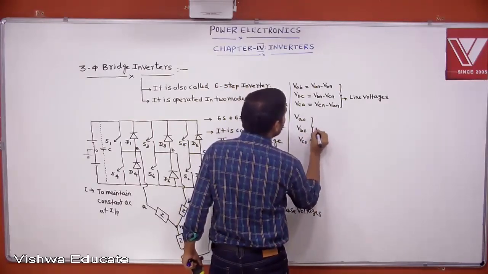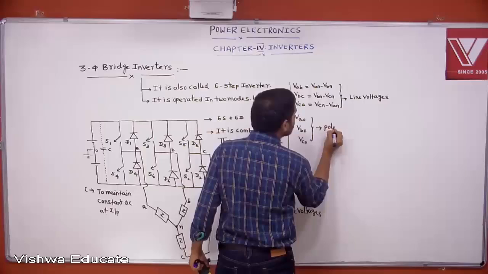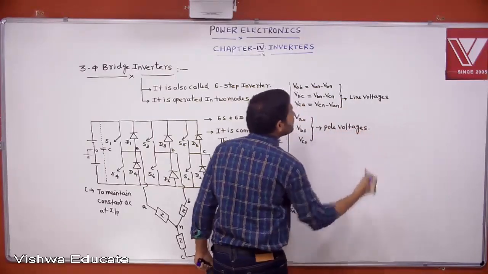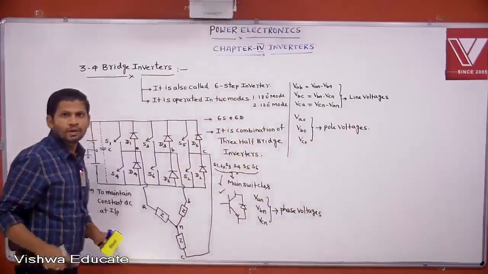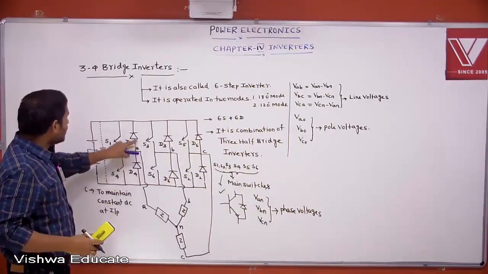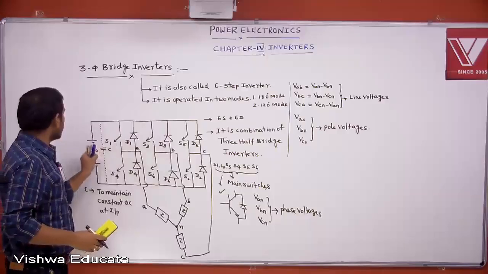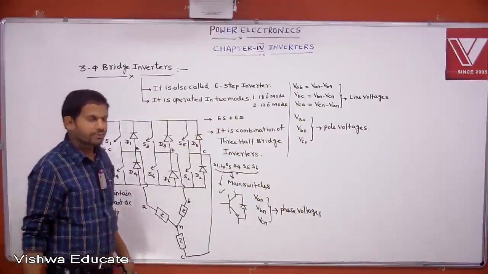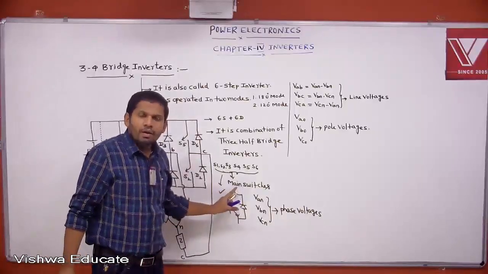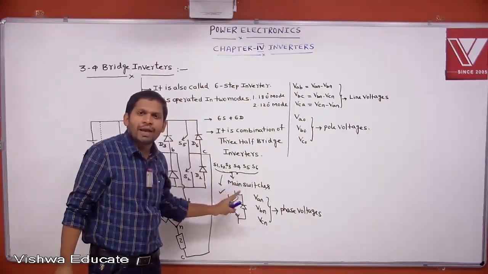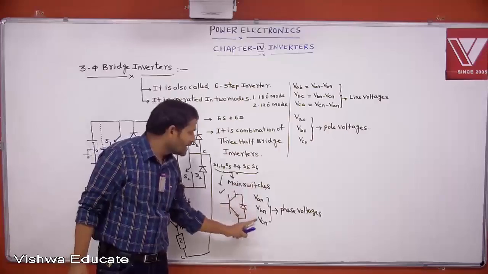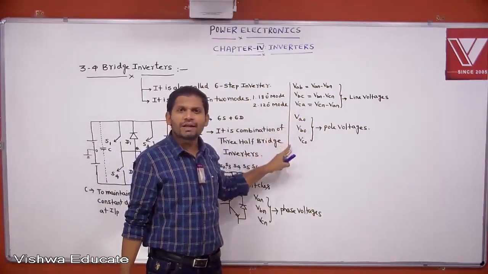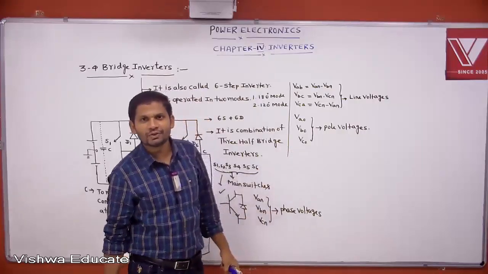These are called pole voltages, in the sense of switch voltages. In any 180-degree mode or 120-degree mode, you can consider it like this. These are phase voltages, these are calculated as line voltages, and these are considered as pole voltages. Understood?